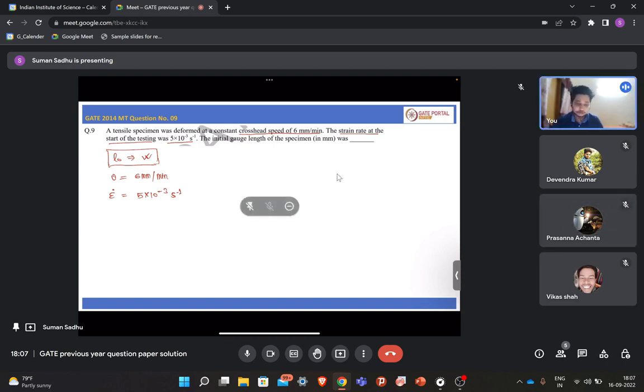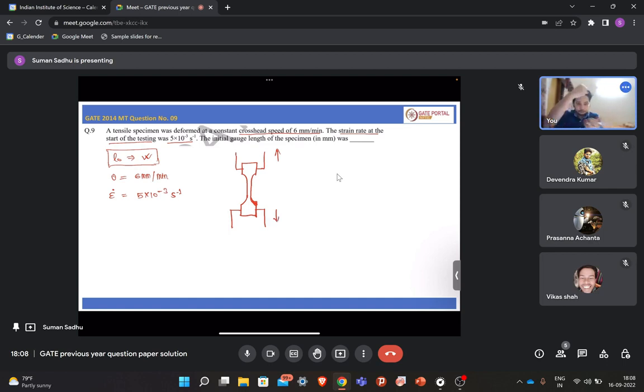Yeah, so crosshead speed is like, let's say this is your tensile specimen. My drawing is a bit bad. When you put your tensile specimen in the machine, there are two holders which grip this sample, and then this holder pulls your sample like this.